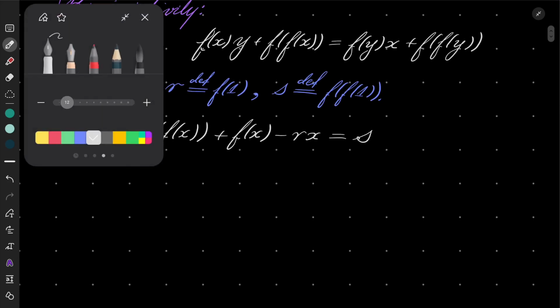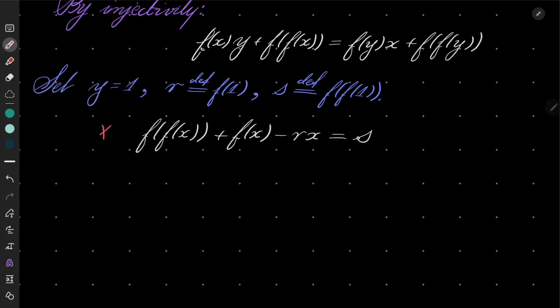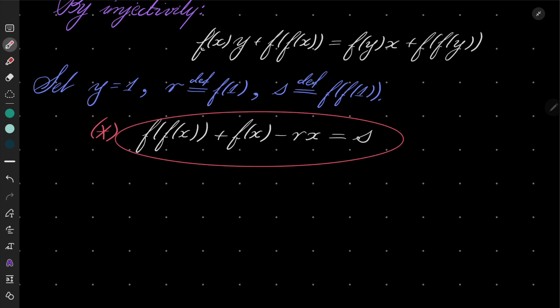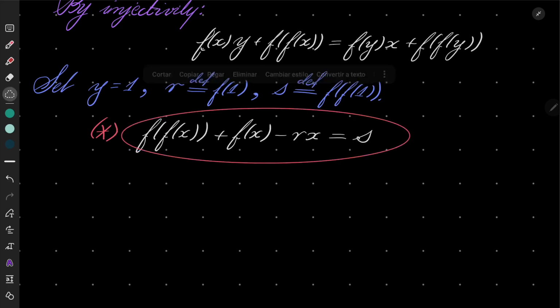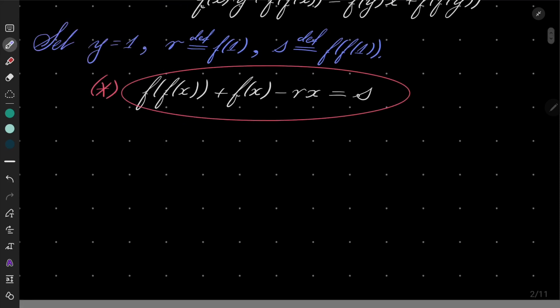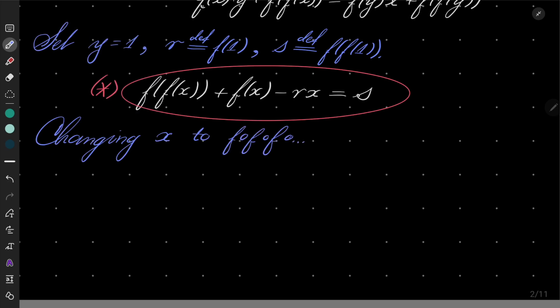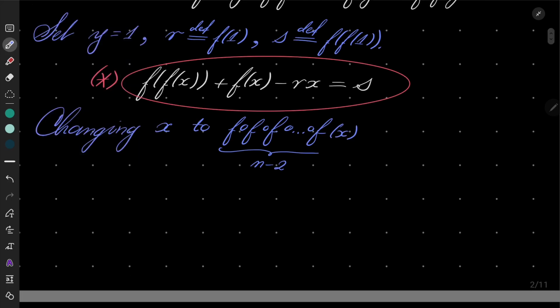Okay. So now let's mark it asterisk. It's very important. And let's see. Notice that if I change my x, changing x to f composed with f composed a bunch of times, let's say n minus 2 times of x, we get the following.